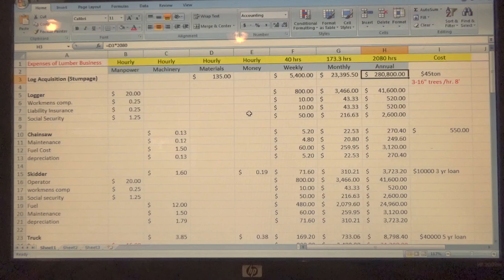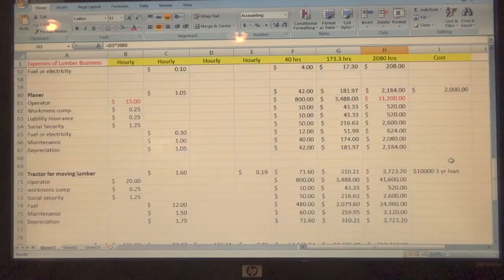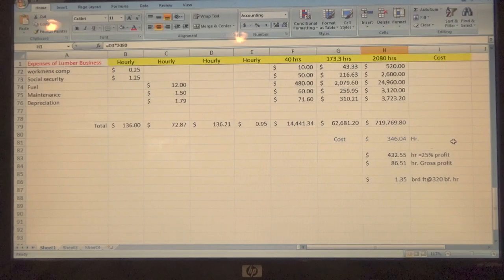So I will work on a different, smaller way of doing this so that it can be more useful to a small mill operator. But nonetheless, if you have a little bit bigger of an operation, or if you'd like to see this particular spreadsheet when it's finished, let me know. The only thing I need to do is add overhead to this yet, and I think I'll be close enough to what it should actually be.